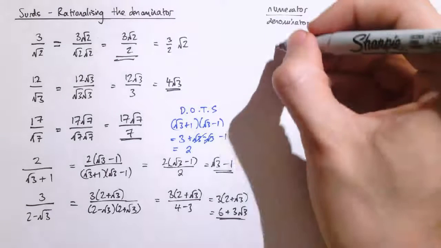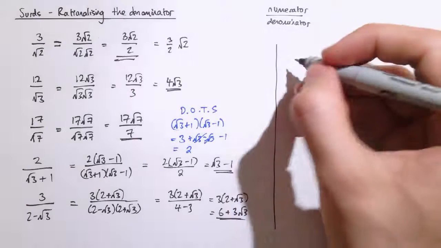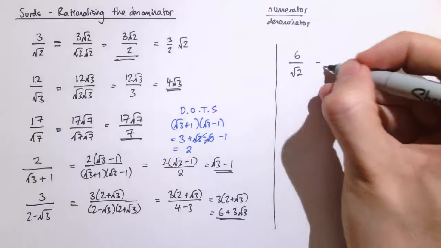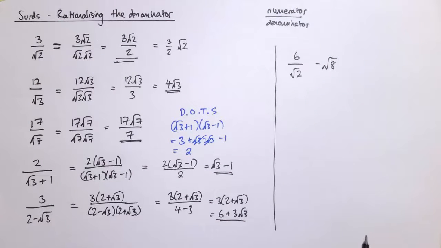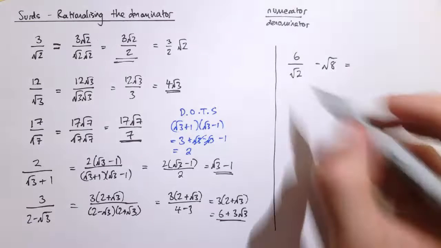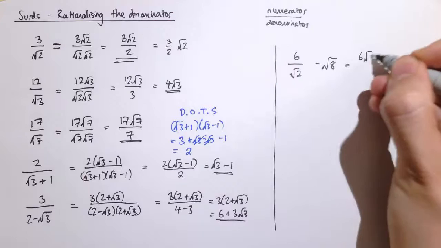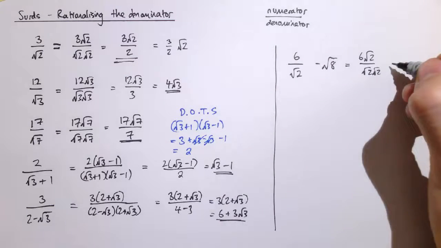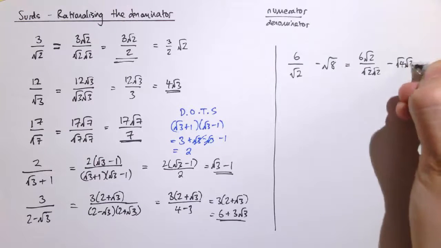Let's do one harder example that combines ideas from this video and one of the previous ones. So let's have a look if I did 6 divided by root 2 minus the square root of 8. The first term I can rationalize and say, well, that's 6 root 2 divided by root 2 times root 2. And the square root of 8 we can write as the square root of 4 times the square root of 2.